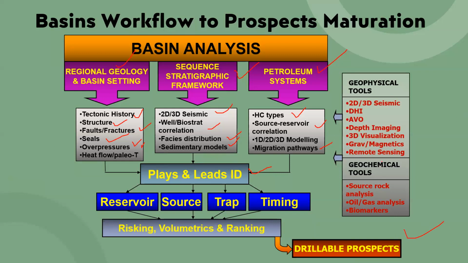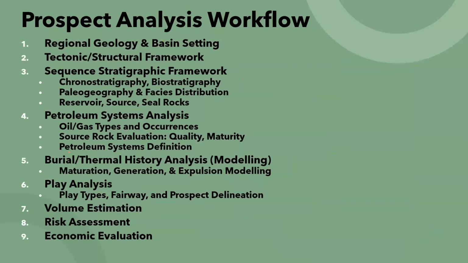That's why I told you that we do not have one specific workflow, but multiple workflows to come up with the prospect maturation. And most of the stuff which we will be using, like attributes, some inversion, reservoir analysis. We'll also be using some machine learning to predict that. Interpretation, these types of things we are looking at.